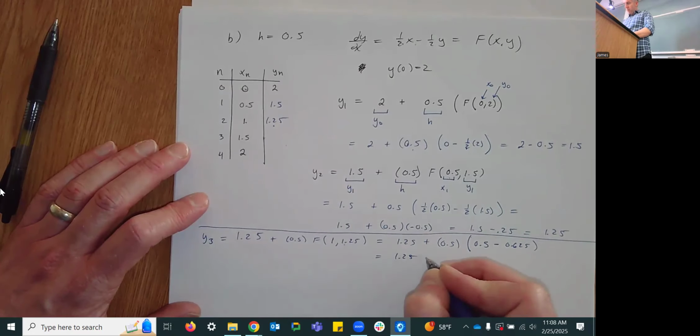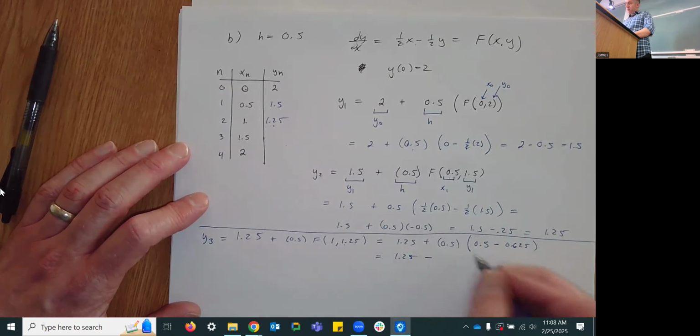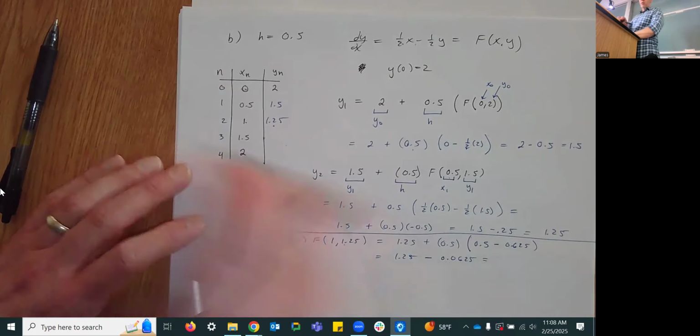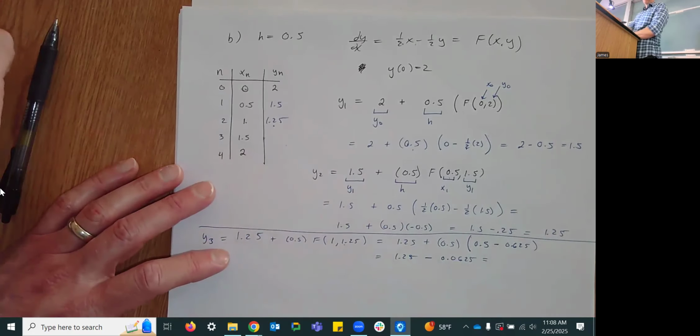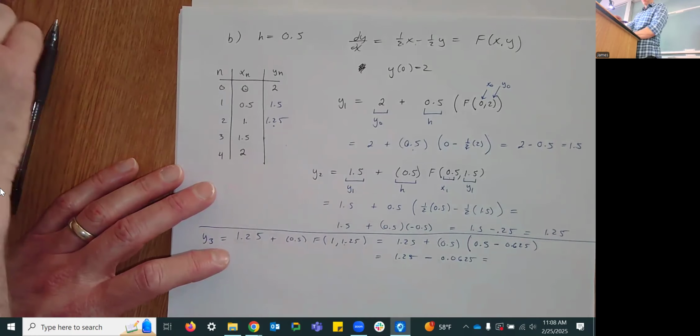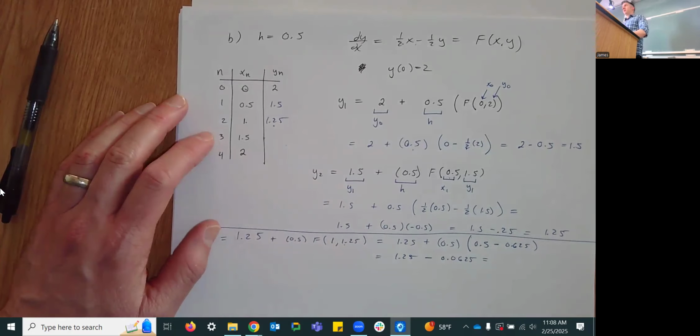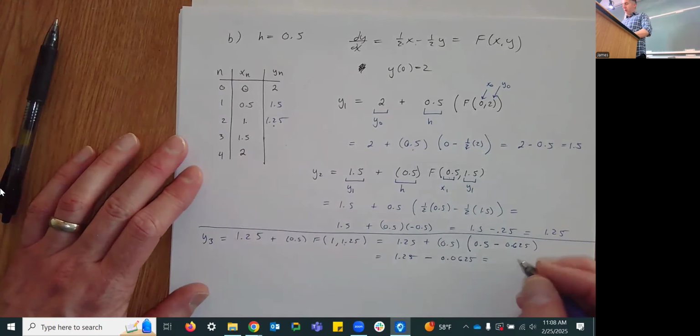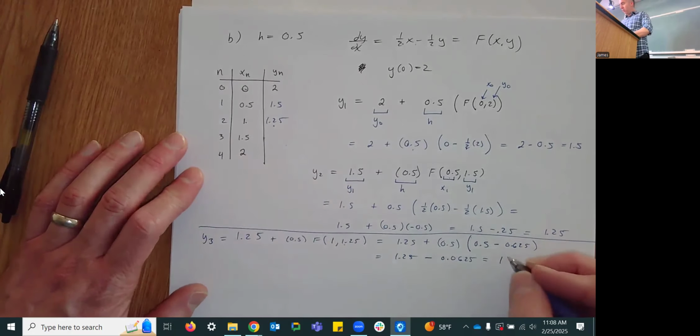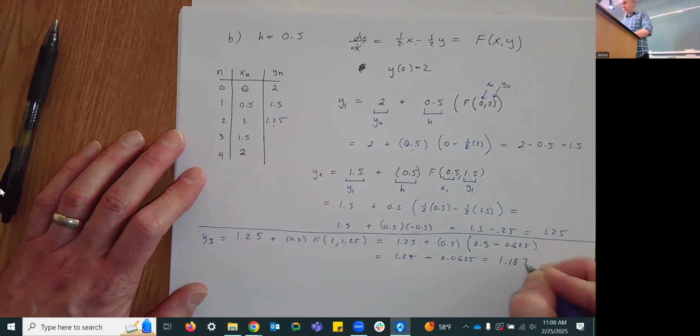So 1.25 minus, because this is going to be negative, 0.0625, which ends up being a thing you use your calculator for. You almost always need your calculator for these problems, it's just unavoidable. So we get exactly 1.1875.